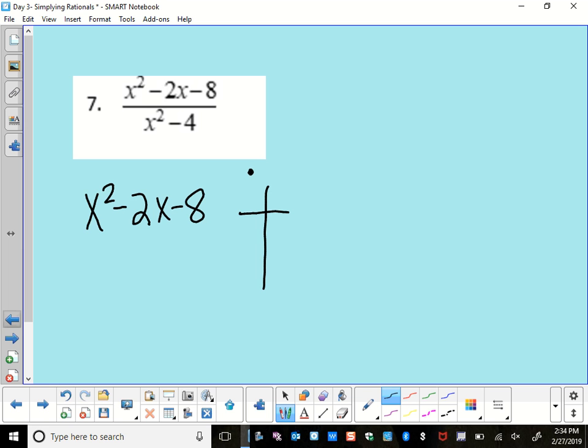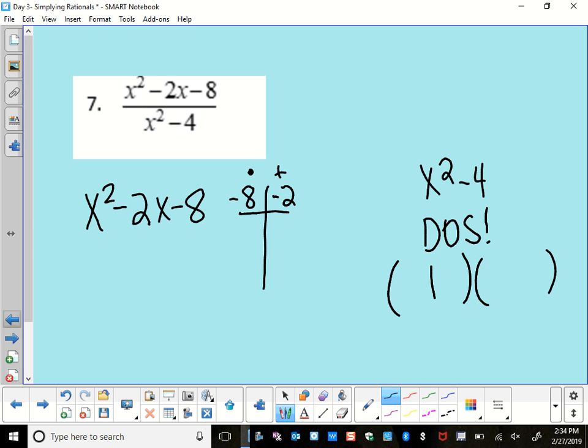You need two numbers that multiply to give you what? Negative 8 and adds to give you negative 2. That's how you get started. You get your factors, you plug it in. Then you have x squared minus 4. This is a DOTS problem, just like we had in number 8. Double parentheses, opposite signs. You fill in the rest. This one is DOTS.